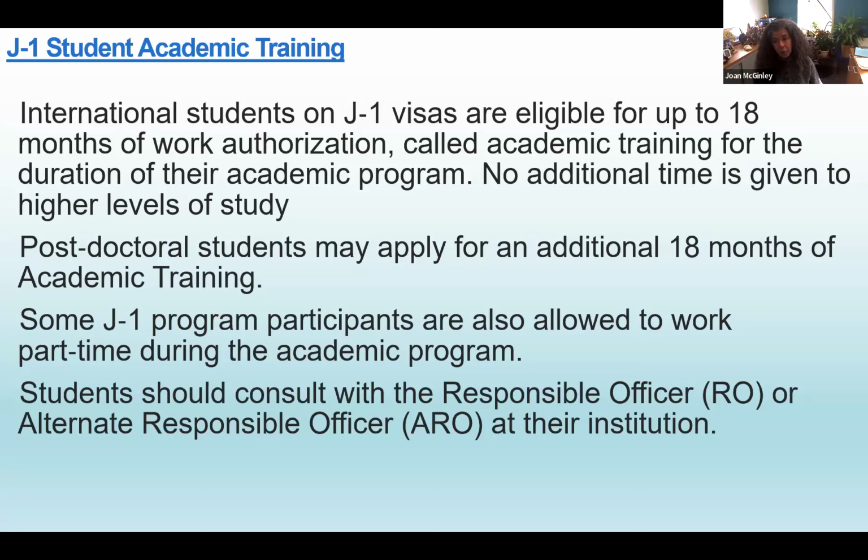There's no STEM, and you don't have to be in the E-Verify program. The good thing is the person in J status talks to their responsible or alternate responsible officer, and generally fills out an application. It's always required to be directly related to their field of study, and it gets authorized by the university. Next slide.